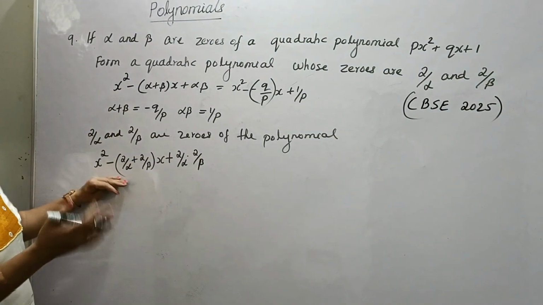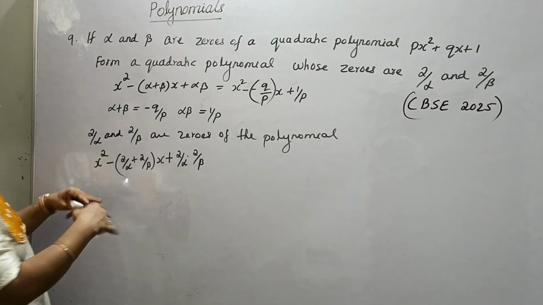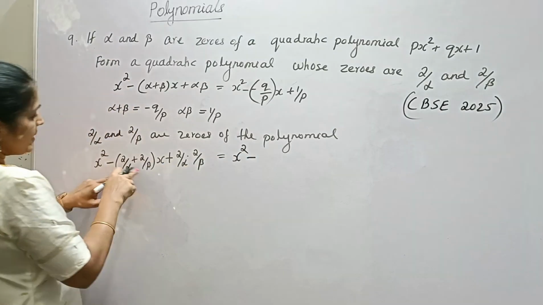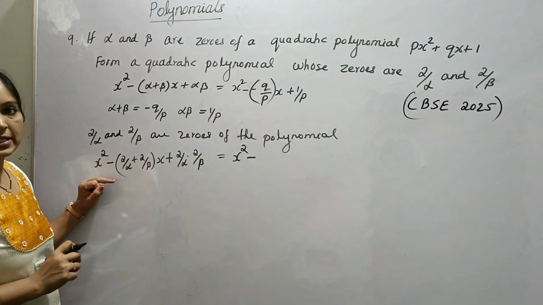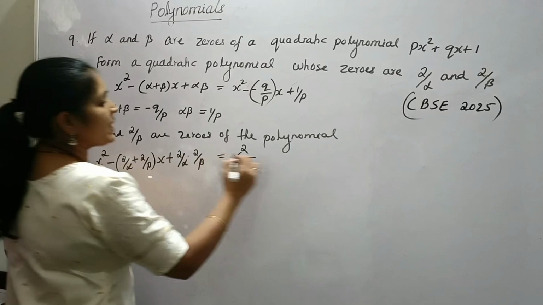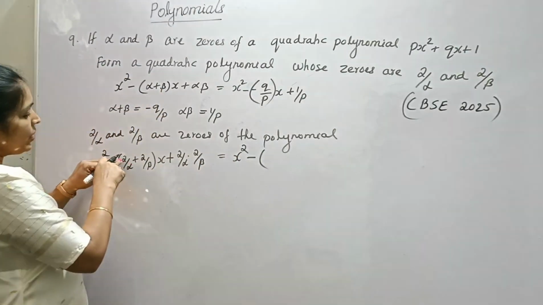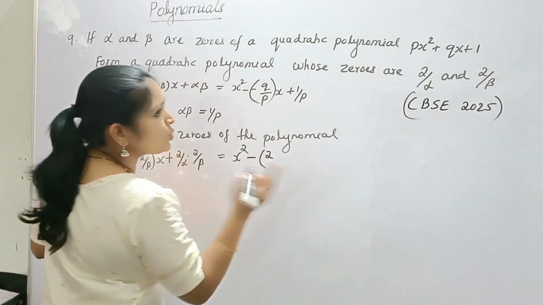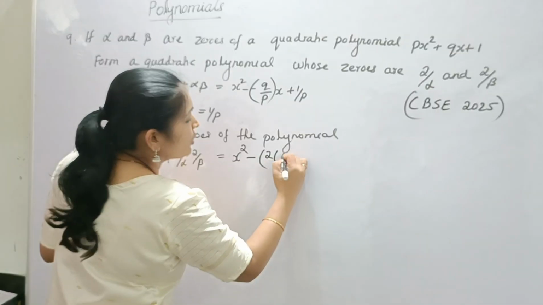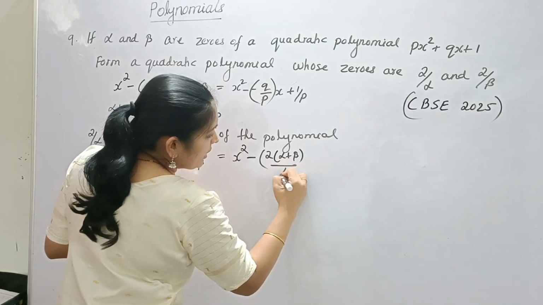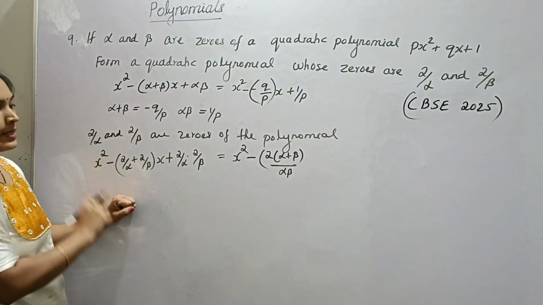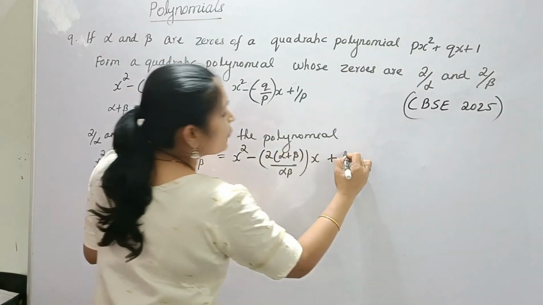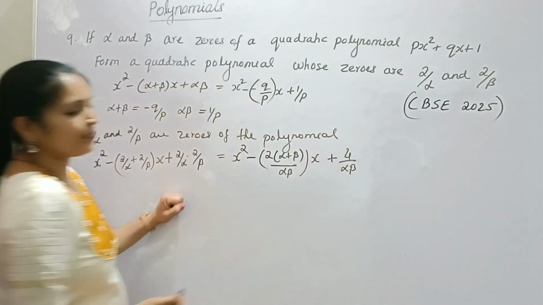Now we have to substitute the values of alpha and beta. First of all, let's simplify this one. Here alpha into beta is the LCM, right? After taking LCM we get 2 beta plus 2 alpha, so 2 is common: 2 into alpha plus beta, denominator alpha into beta, into x plus 2 into 2, that is 4, divided by alpha into beta.